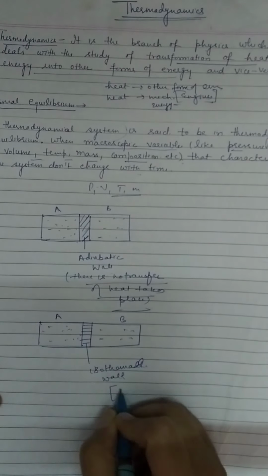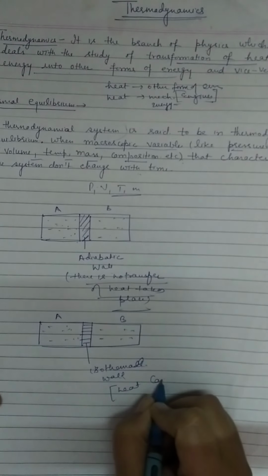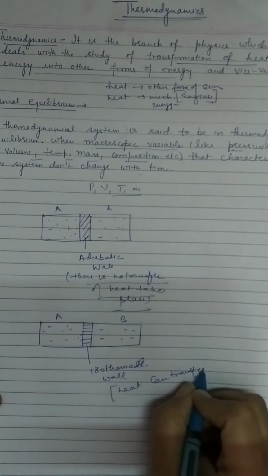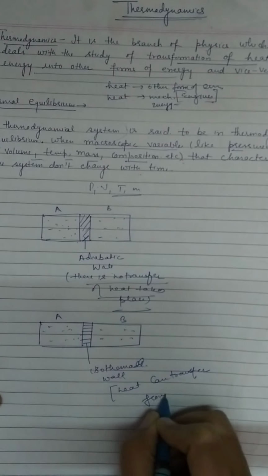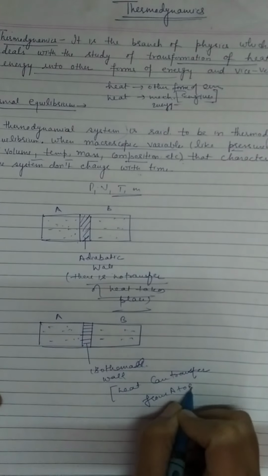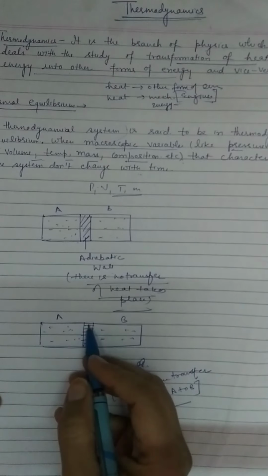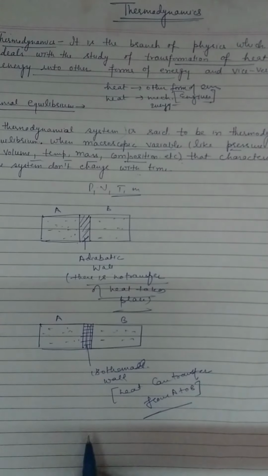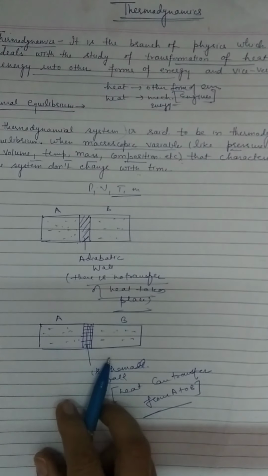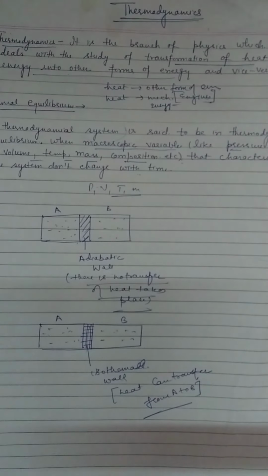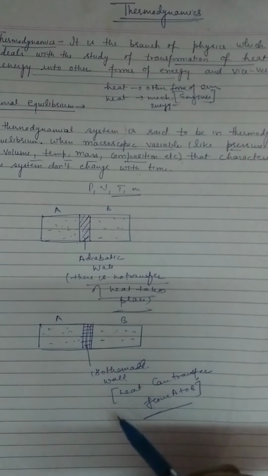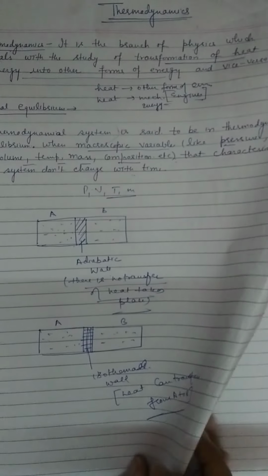That is, the heat can transfer from A to B, because this is isothermal. Isothermal में क्या होगा? Heat can transfer from one system to another system. This is system A and this is system B. So by using this adiabatic wall and isothermal wall, we will define the zeroth law of thermodynamics.